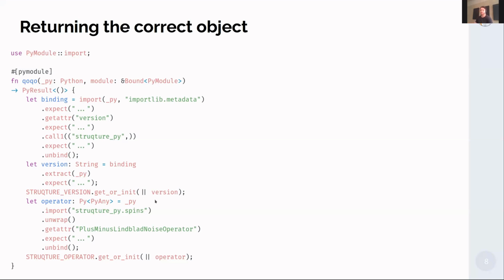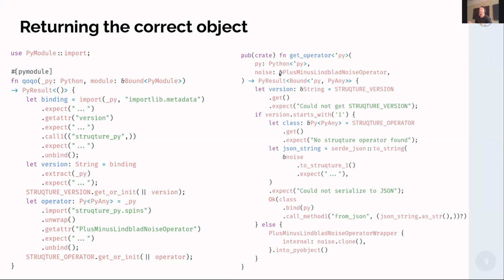And we also extract the class of the operator here. And this allows us to create this function, getOperator, that converts an operator on the Rust side into a Python object that corresponds to the right version of struqture.